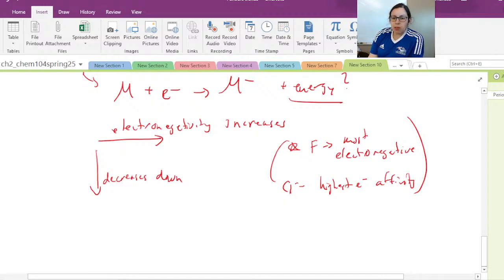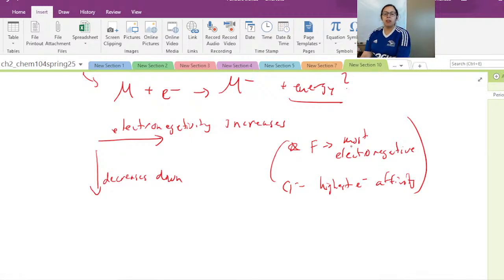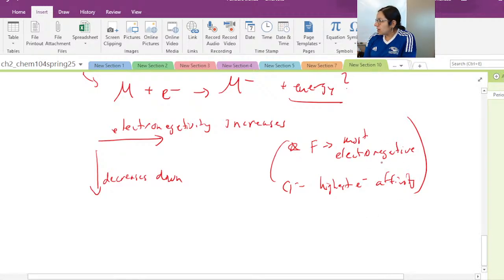The only reason chlorine has a slightly higher electron affinity is because it's slightly larger, so large things are better at stabilizing a negative charge formally. Versus electronegativity, which is in a bond, so fluorine is pulling more in a bond situation. So that's why there's that slight discrepancy, but otherwise it tracks the same. So just remember, fluorine is your most electronegative element.